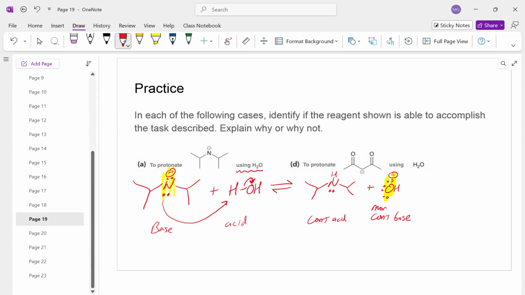So this is more stable, and the more stable ion comes from the stronger acid. And remember the golden rule of acid-base equilibrium: equilibrium lies away from the stronger acid. So this equilibrium favors the product side, which means we can use water to protonate that N minus.